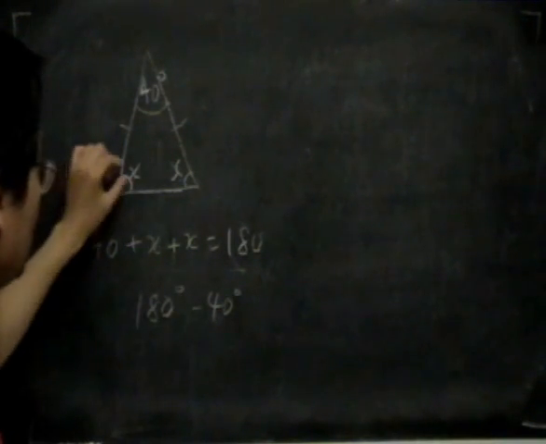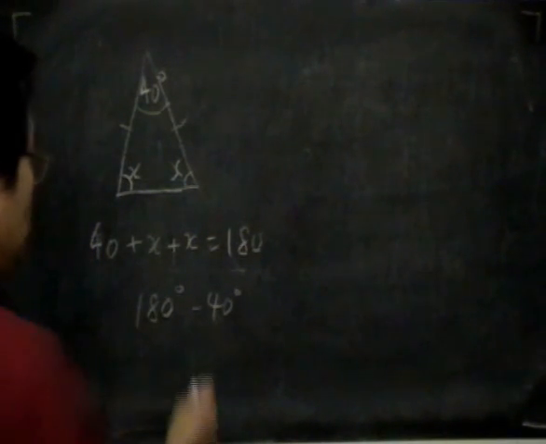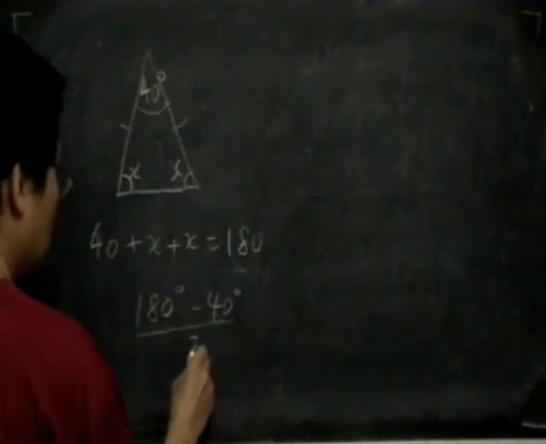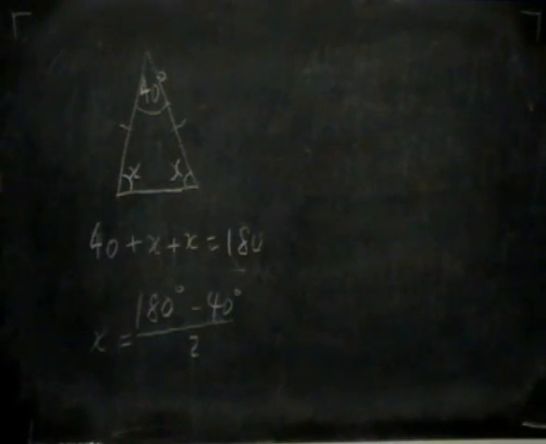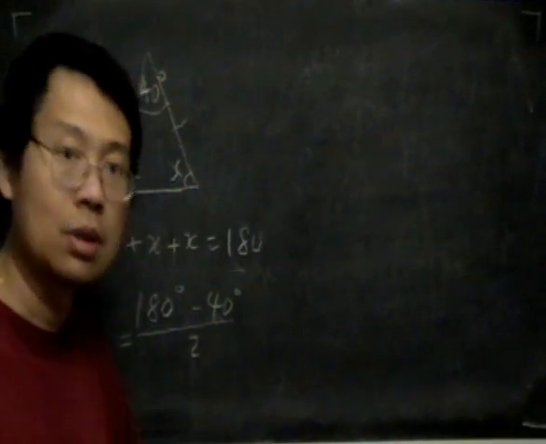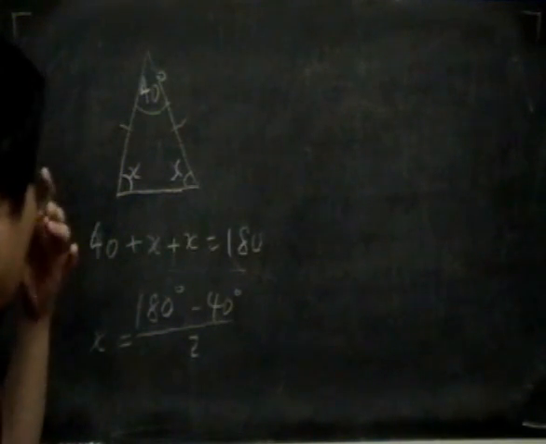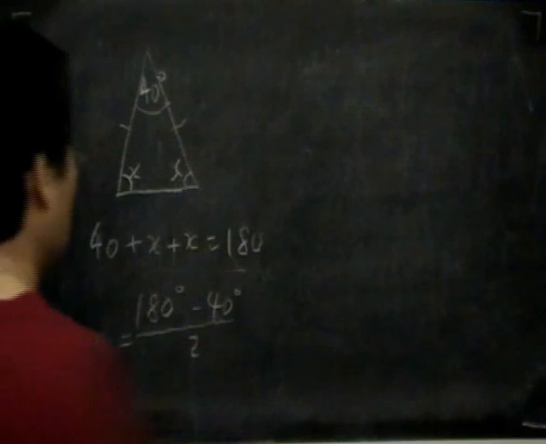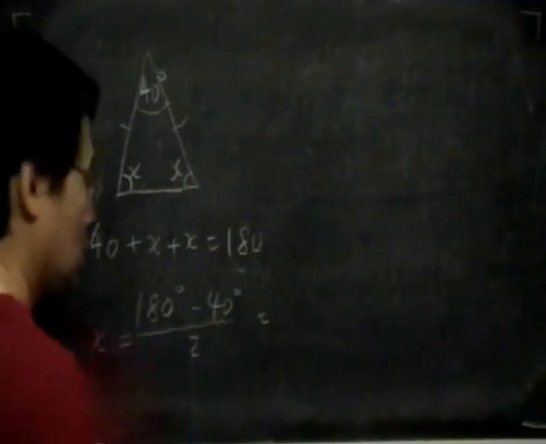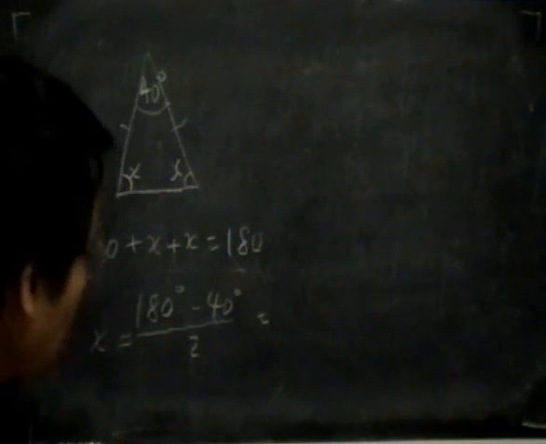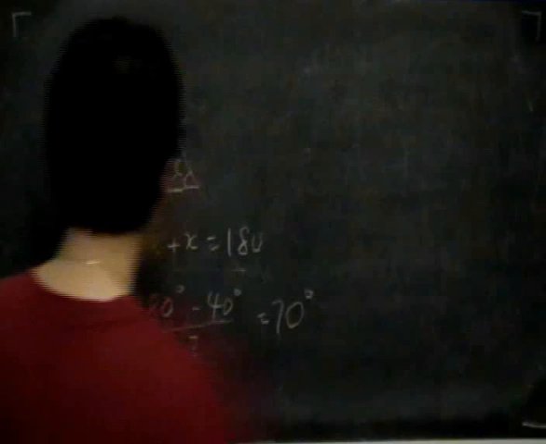So if I want to get x, if I want to get one angle, I just have to divide that by 2. And that should give me the x. So that's also a simple way to do it without having to think about algebra. A rather more direct way. And the answer is 180 minus 40 is 140. Divided by 2 is 70. That's the answer.